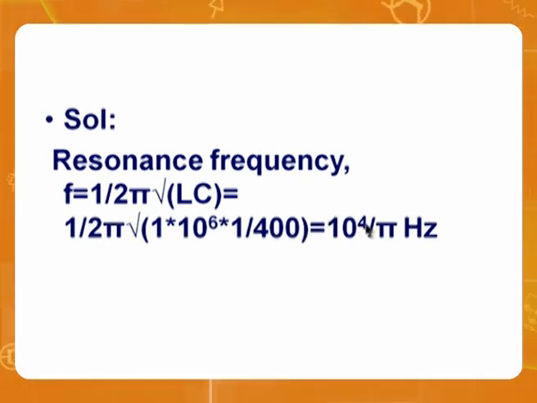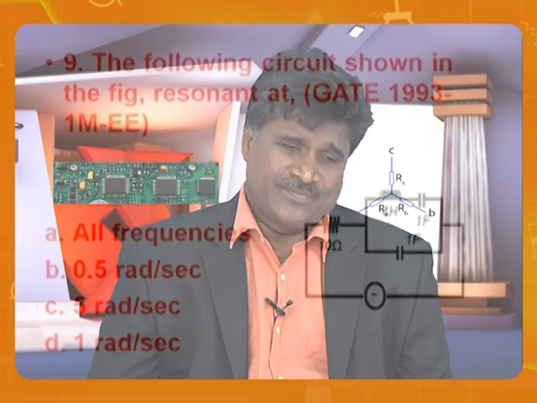So you will have 10 power 6, and with another 2, 10 power 8. Root of 10 power 8 is 10 power 4. So that's why 10 power 4 by pi. You see, the examiner is not asking you to calculate the actual value. As you saw, most of the questions he gave in terms of pi. Good. So the option is C here.